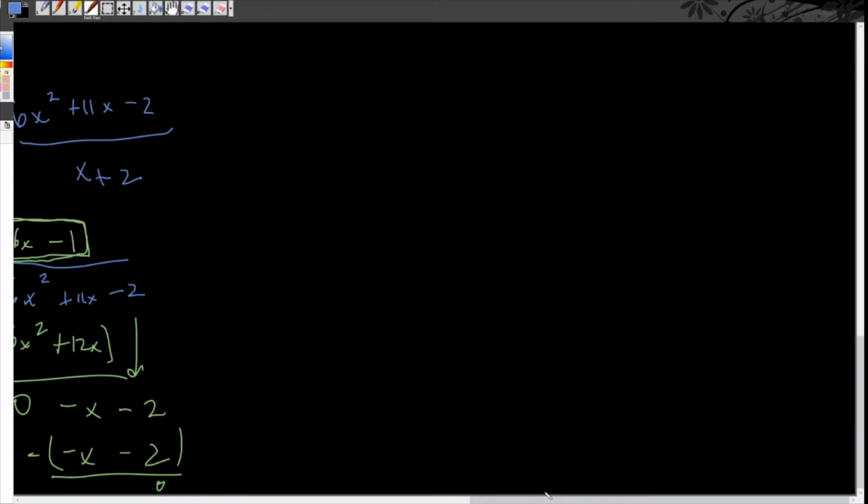So, we have 3x to the 4th power, oh, not this, 7x cubed, actually. Sorry about that. 7x cubed plus 16x squared plus 2x minus 1.